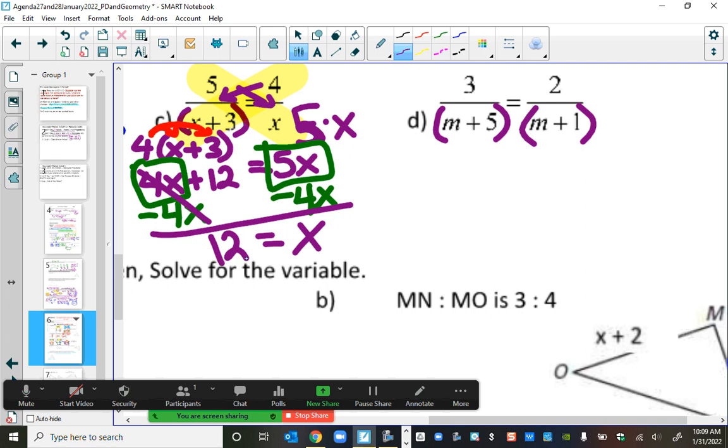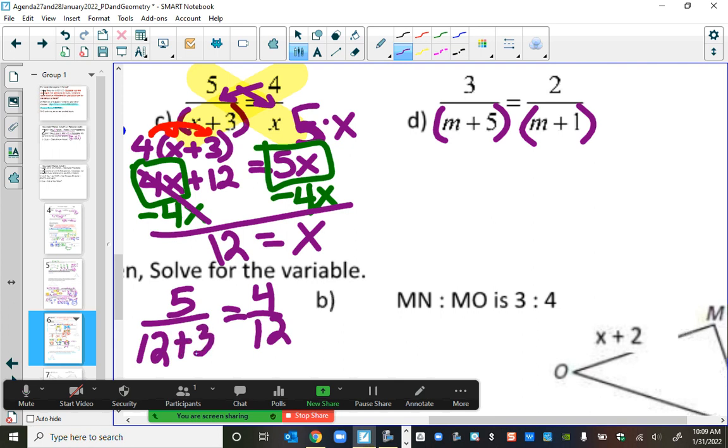Now at this point, you can plug it in, check. Because if you plug in the x, you can see that you're going to get 4 over 12 equals 5 over 12 plus 3.